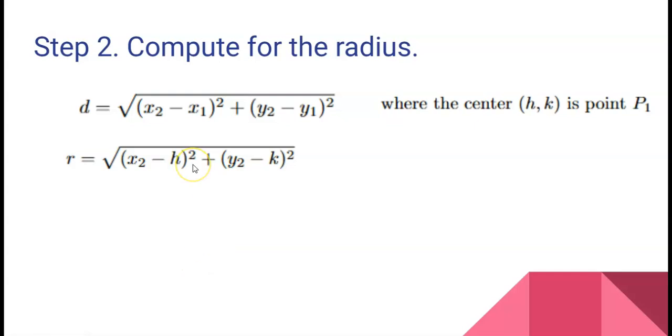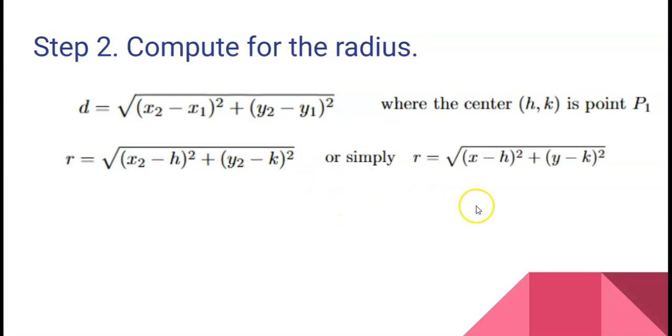Therefore, the radius, being the distance between the center (3, 2) and the point (1, 2), uses this formula: r is equal to the square root of (x minus h) squared plus (y minus k) squared.